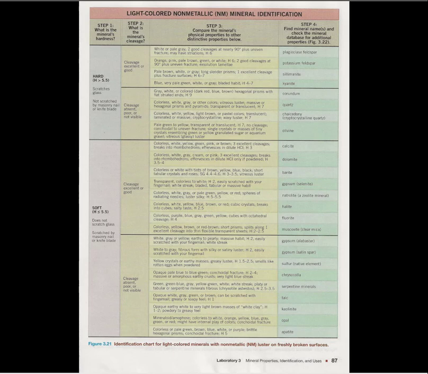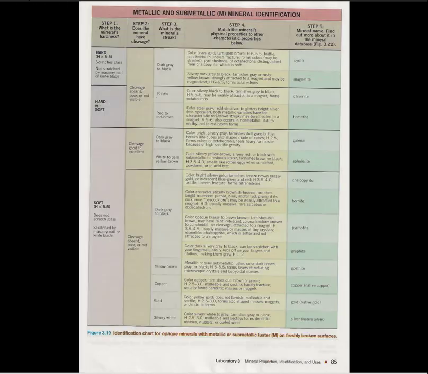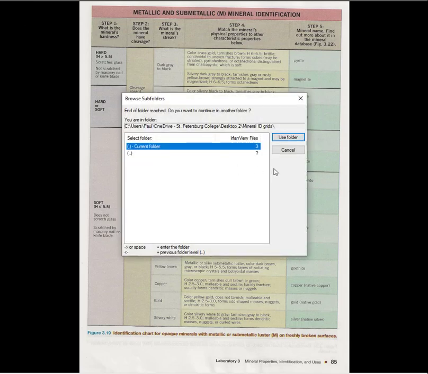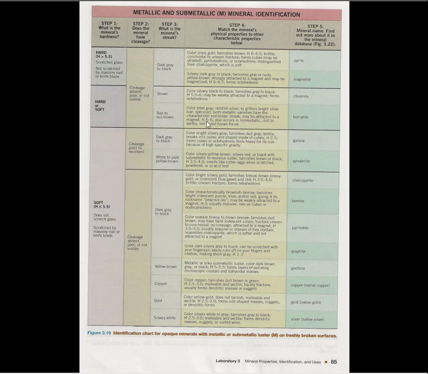In order to be metallic, it needs to look like polished metal. Metallic minerals, oddly enough, frequently have metals in them. So if it does look metallic, you want to be on this page for metallic and submetallic.